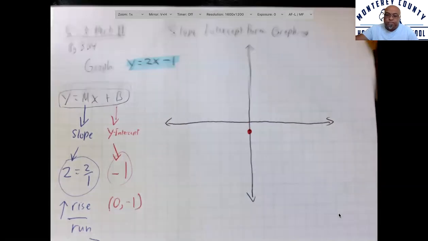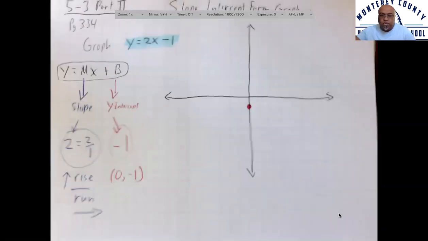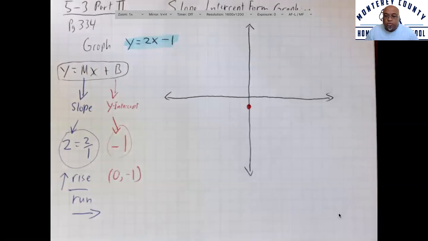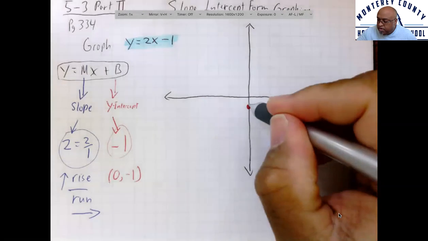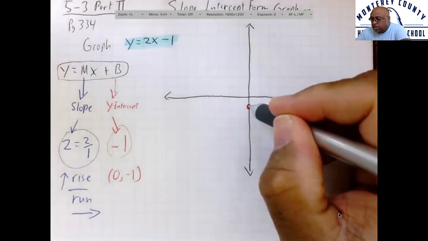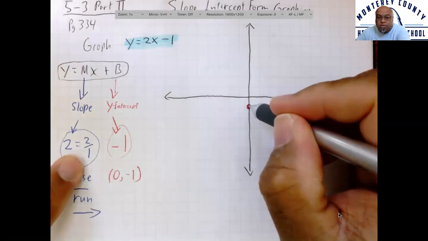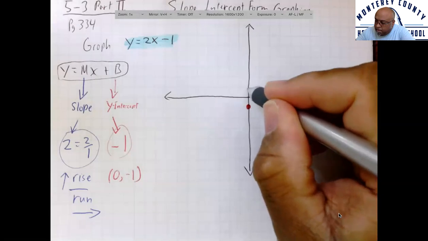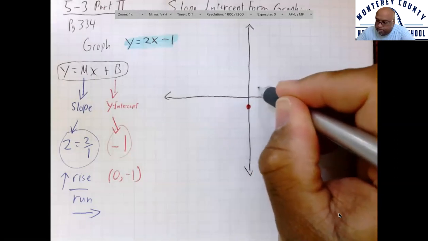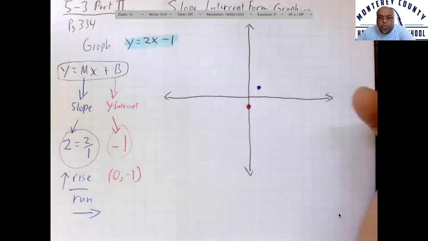Okay? I just want to make sure that you can see that. Rise over run. So go to the point that we already have figured out, and following the value of 2 over 1, I can go 2 up and 1 over. And there's my next point.